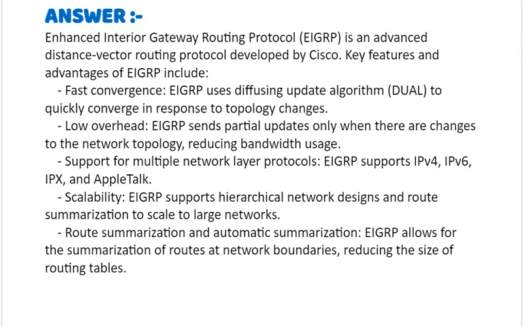Next point is scalability. EIGRP supports hierarchical network design and route summarization to scale to large networks. Next point is route summarization and automatic summarization. EIGRP allows for the summarization of routes at network boundaries, reducing the size of routing tables.